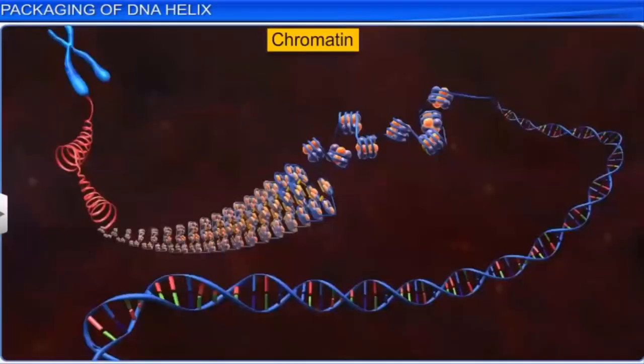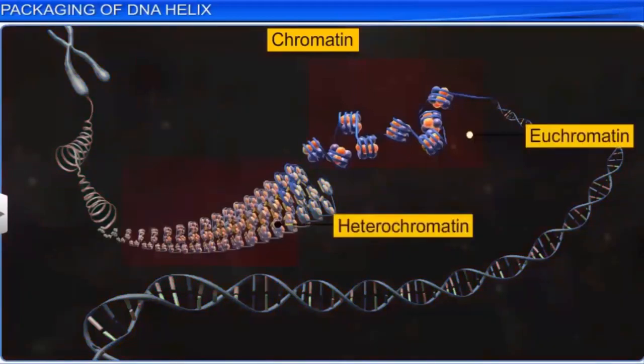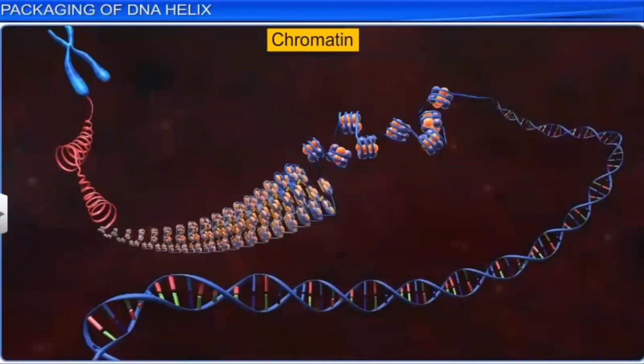Now, the chromatin fibers are of two types: euchromatin and heterochromatin. Here you have to learn about two types of chromatin. Till now you have understood how it is packed inside the nucleus.